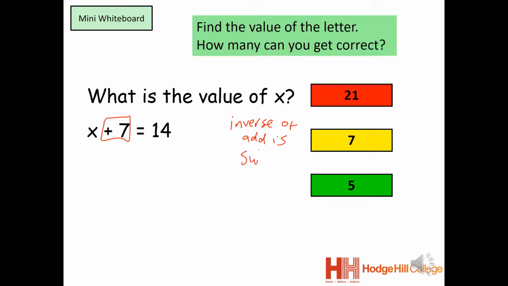The opposite of add is subtract. So if you've added 7, we need to subtract 7 from both sides. So 7 subtract 7 gives me 0, so we are left with x. And then 14 subtract 7 equals 7. So our answer is 7.